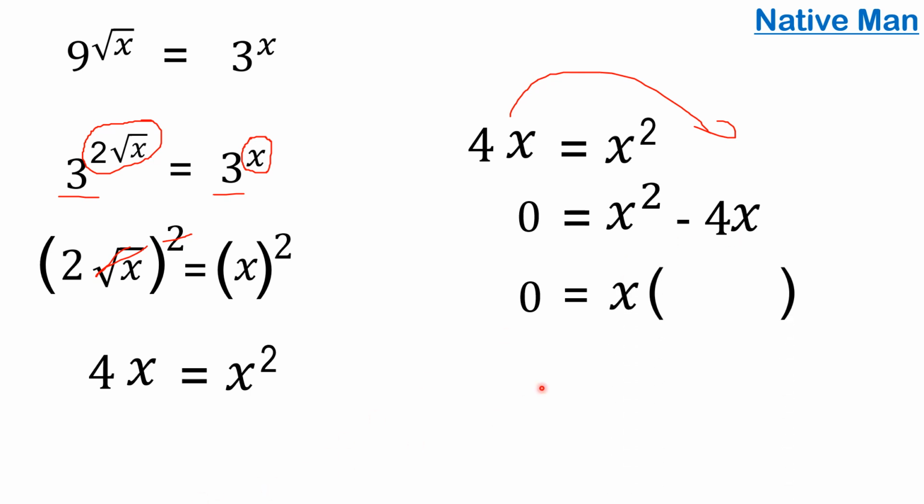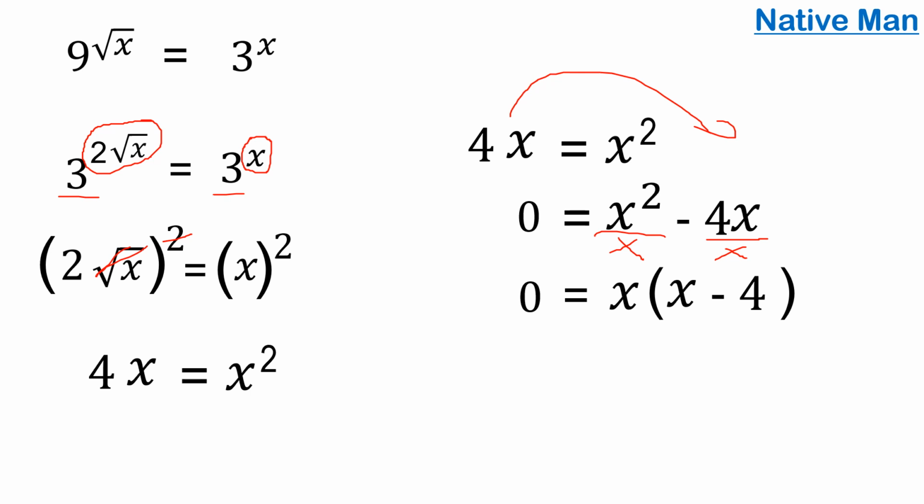To get the other factor, we divide the two terms by the monomial factor. So x squared divided by x and 4x divided by x. What is x squared divided by x? That is x, so we write it inside the parentheses. Then minus, 4x divided by x, we can cancel x, so the remaining here is 4. So that is minus 4.